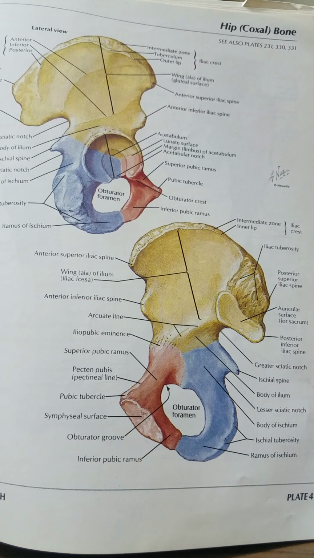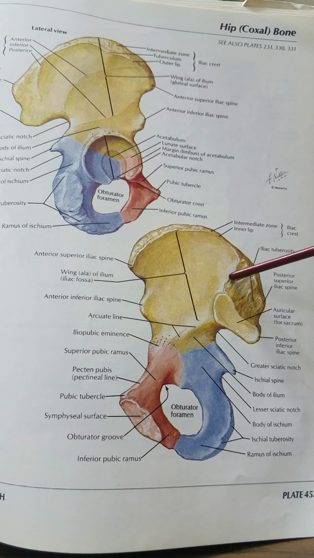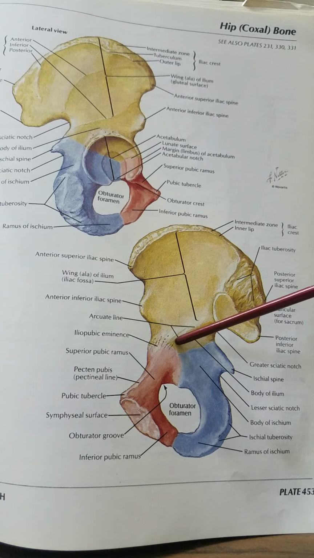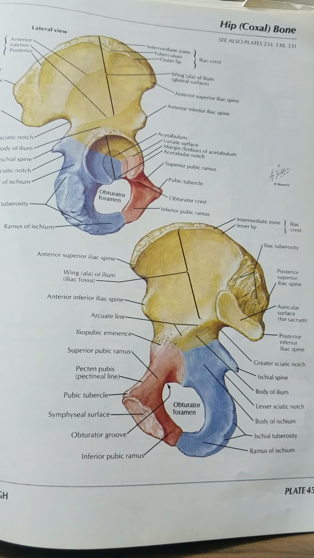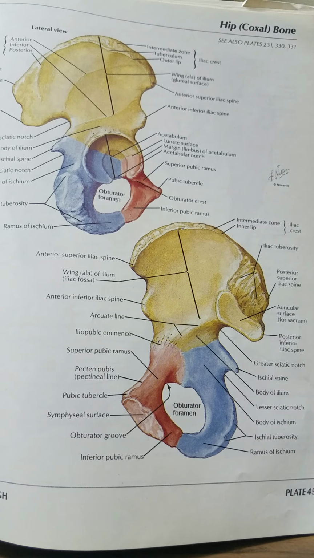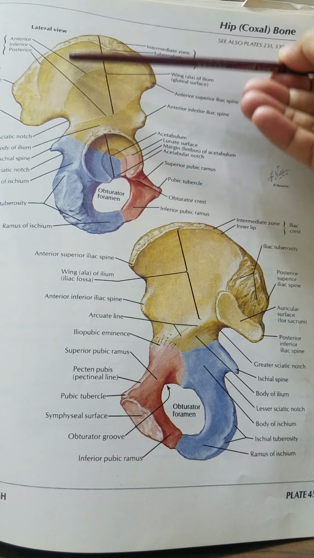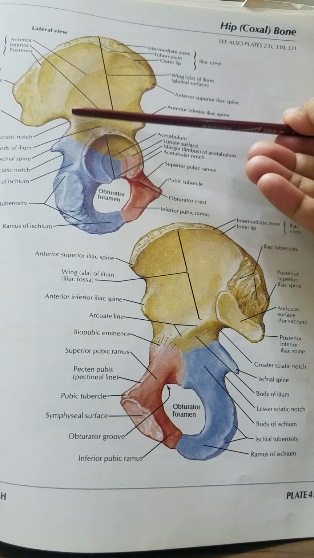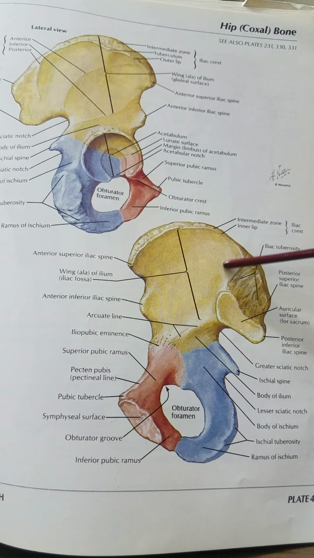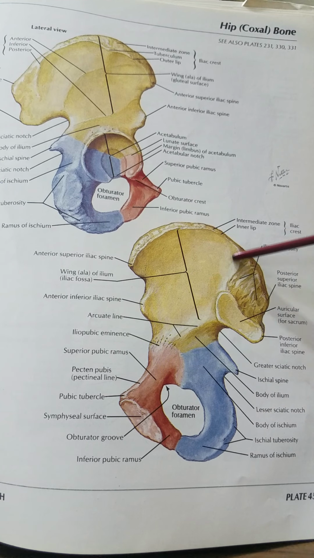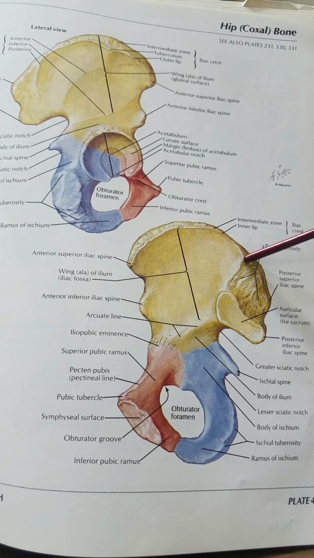And then it also has a medial border, which is this one, which extends from the iliac crest down here to this part known as the iliopubic eminence. Now, the three surfaces are this outer surface, which is known as the gluteal surface, the surface which faces the pelvic cavity, which forms the iliac fossa, and then this surface here is known as the sacropelvic surface.